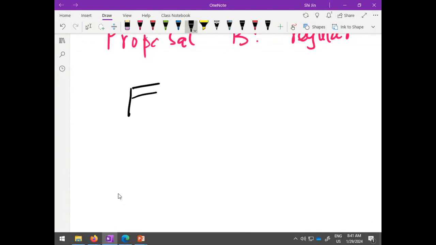Say propene reacts with water, using red as the electrophile part and blue as the nucleophile part, with an acid catalyst. What will be the product?